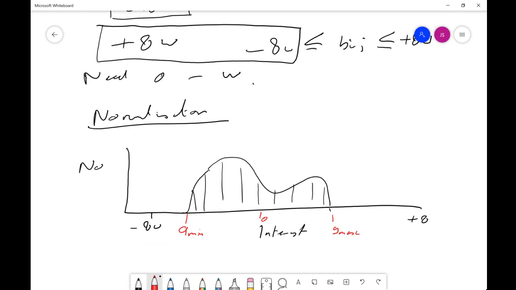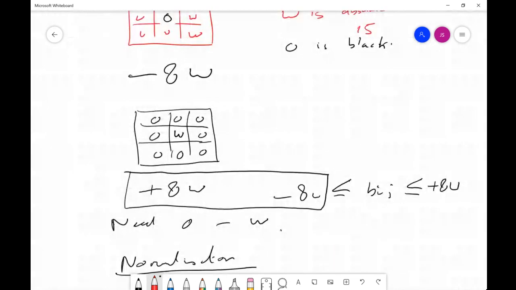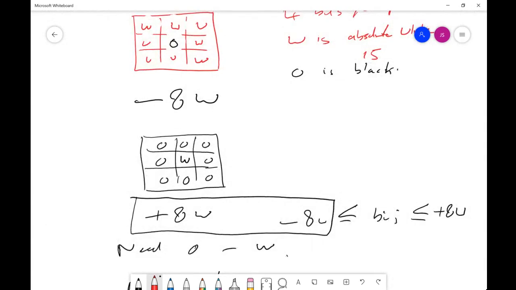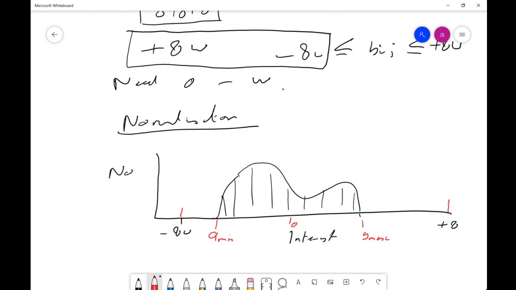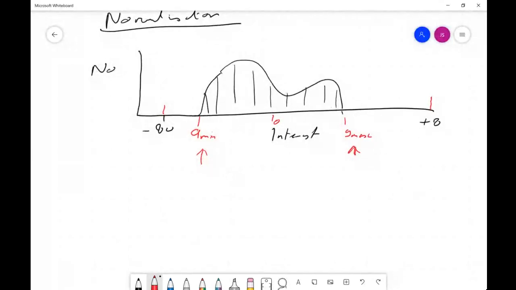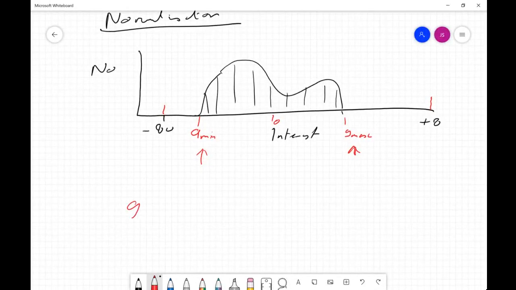There will be a few pixels down there and a few pixels down there, which cause these limits, and they're likely to be due to faulty CCD arrays. So ignore those. You have to make a sensible judgment as to what G min and G max is. And once you've done that, having filtered the image, then G min to 0.